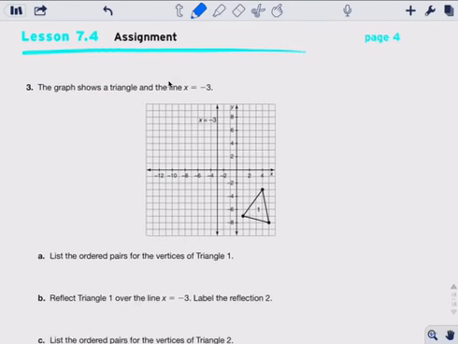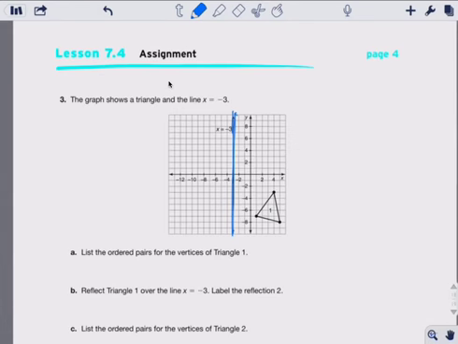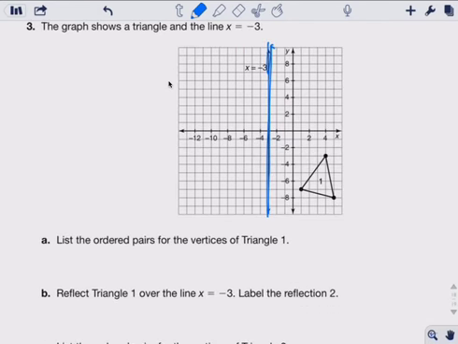Alright, x equals -3. Oh, x equals -3 is right here. Well, they already drew in that line for you. That's now your perpendicular bisector. You ignore the y line. Now it becomes your y line, x equals -3.